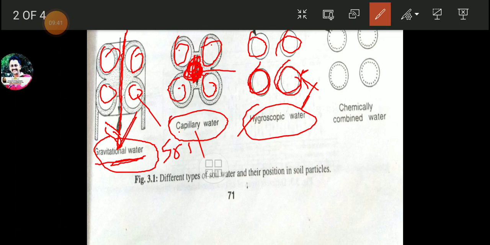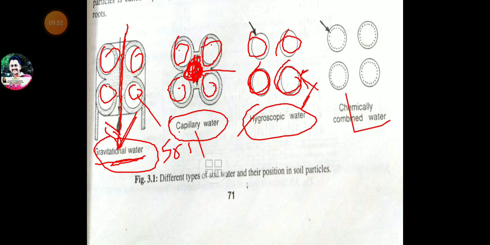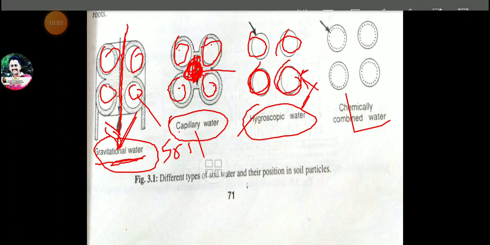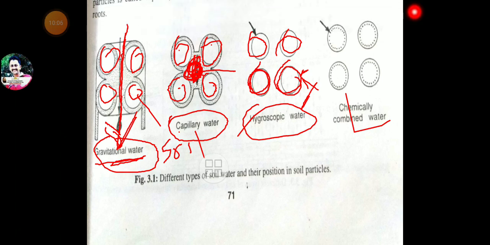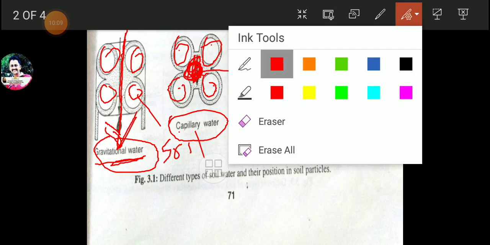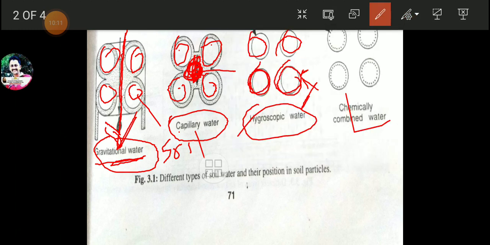Now the fourth one, crystalline water, or chemically combined water. So this fourth type is chemically combined water, or crystalline water.